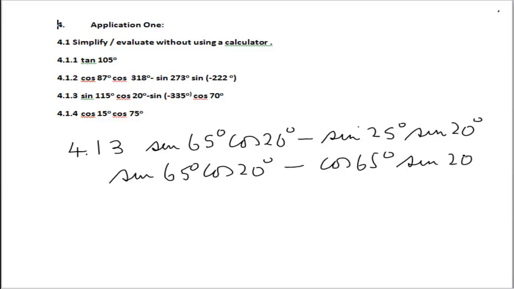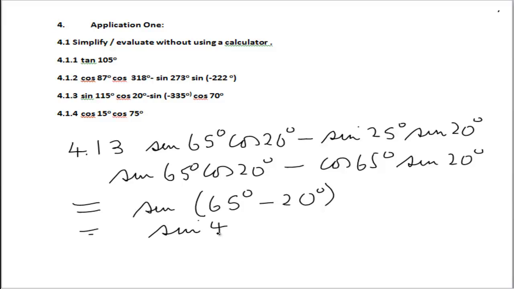So you have sine A cos B minus cos A sine B, which is sine of A minus B, and that gives us sine of 45 degrees, which is root 2 over 2.